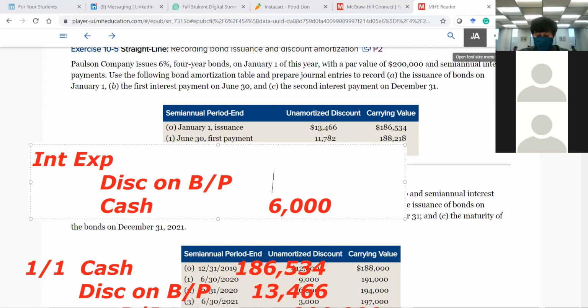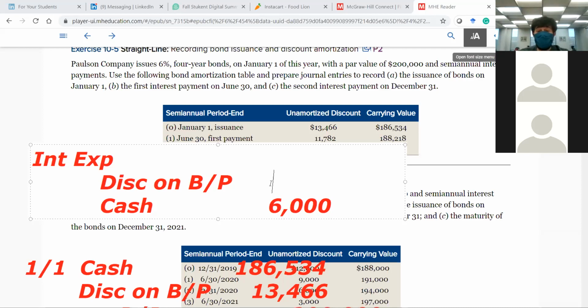Well, did we see the unamortized discount change? I'm an accountant. So how much did the discount change? Any ideas? Danny, you want to take a shot?